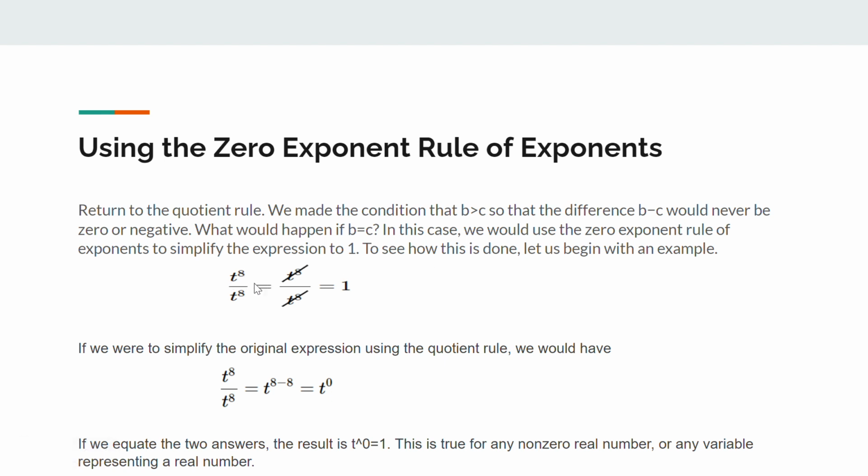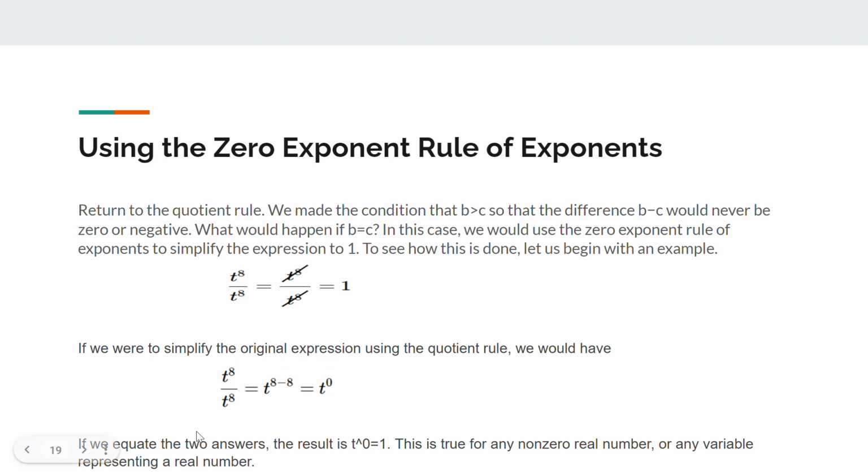We have t to the power of 8 on the top and also t to the power of 8 on the bottom, so we can just cross them out and then we get 1. If we were to simplify the original expression using the quotient rule, we would have t to the power of 8 minus 8, which is just t to the power of 0.